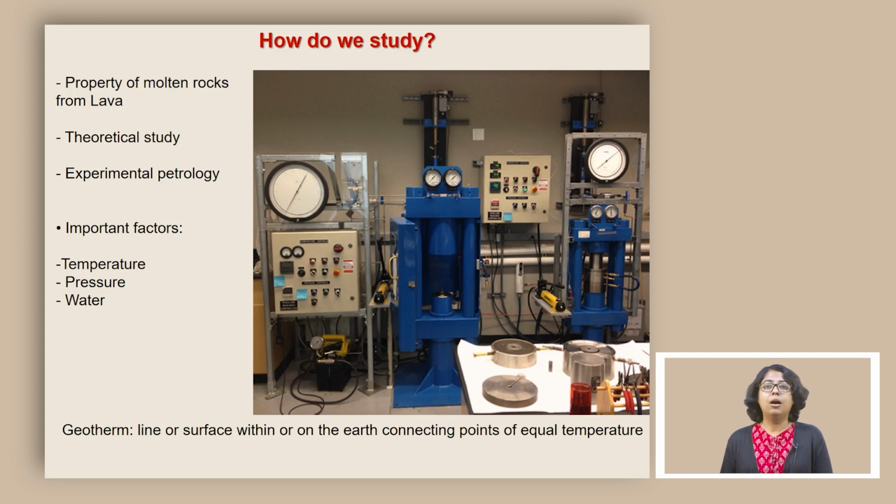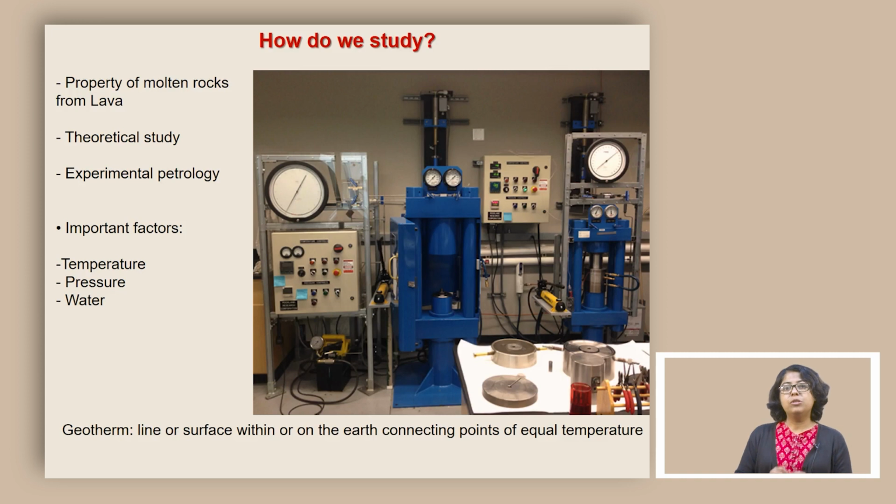One is how to create temperatures so high that they can melt rocks, and the second is how to create very high pressure in superficial conditions, because all these experimental labs are on the surface of the Earth, and these are solved by making the area of study very small.